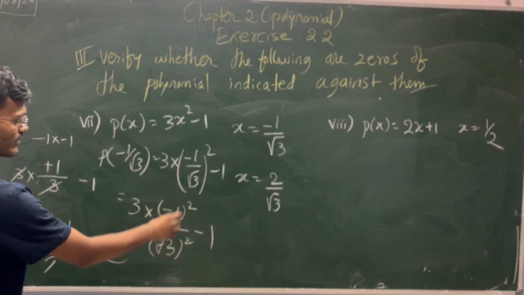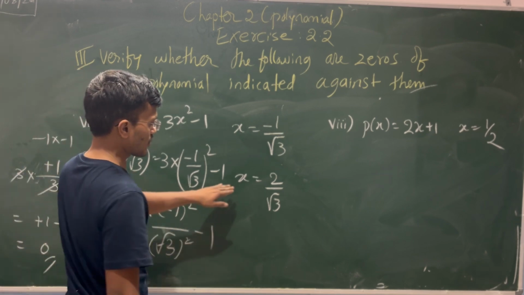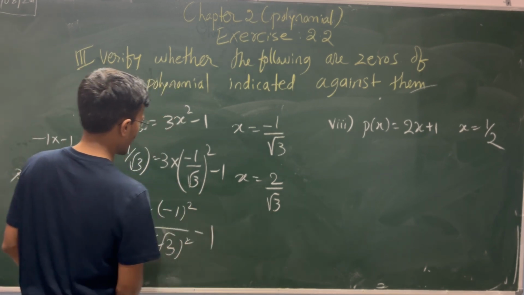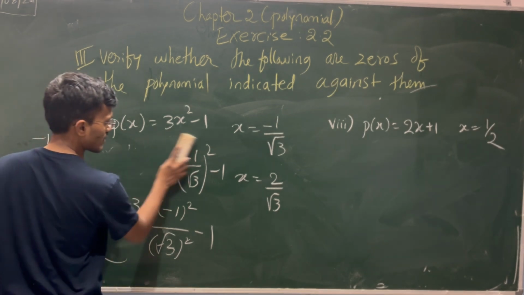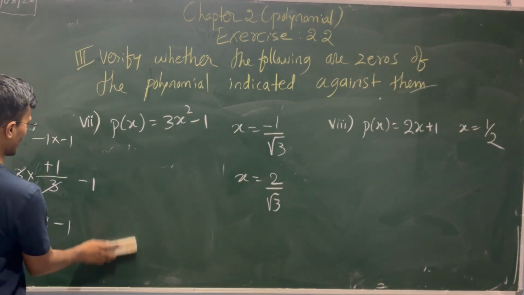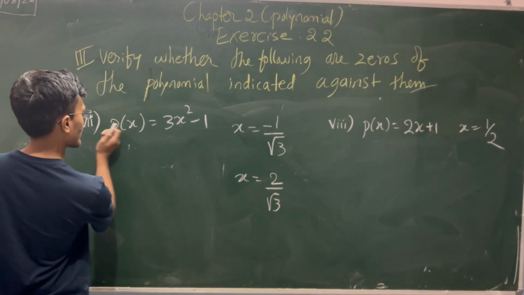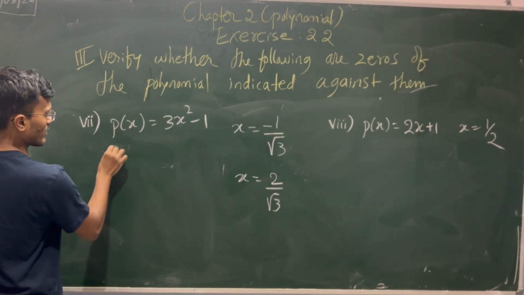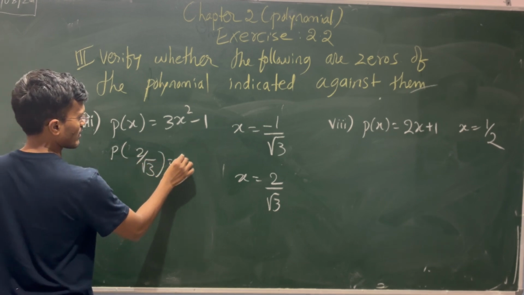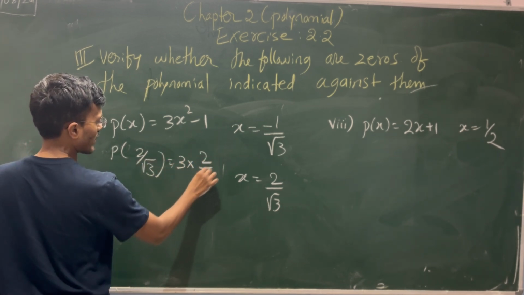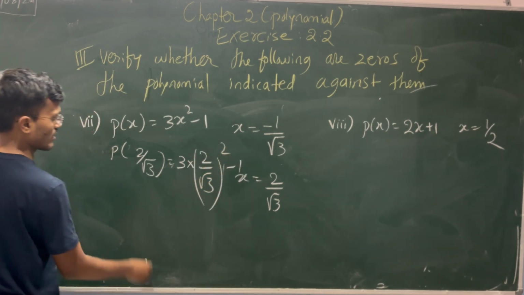So now another one, here x is equal to 2 by root 3. P of 2 by root 3, 3 into 2 by root 3 whole square minus 1.